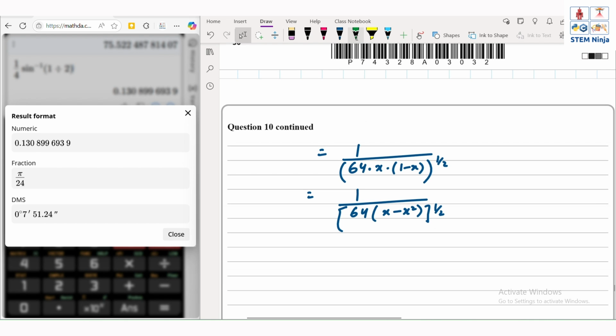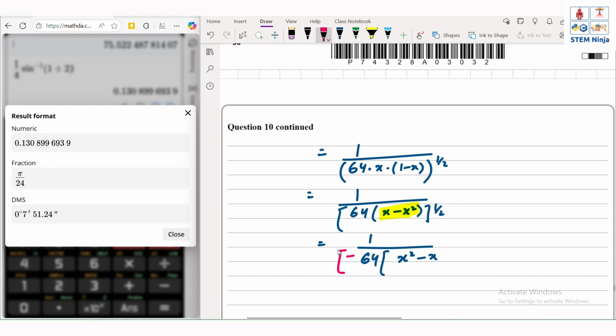Okay, this we can complete the square if we want. So 1 over 64, minus x squared plus x. You can take out the minus.